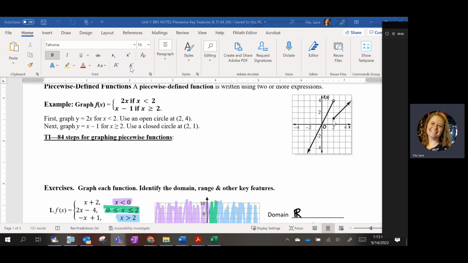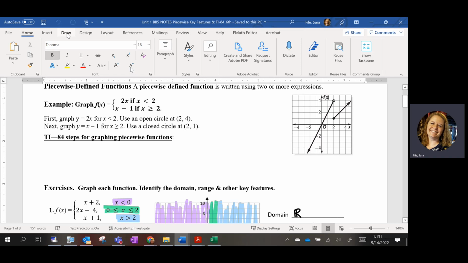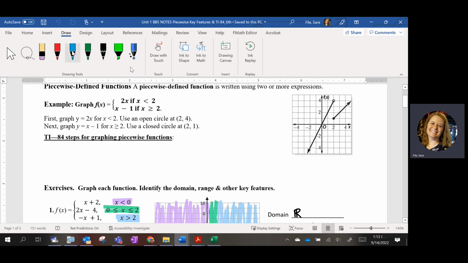But it will show the pieces of the graphs, the curves or the lines, whatever the case may be. But you still have to make sure that you pay attention to whether there should be an open or closed circle. Okay, so real quick, I'm just going to add in here.